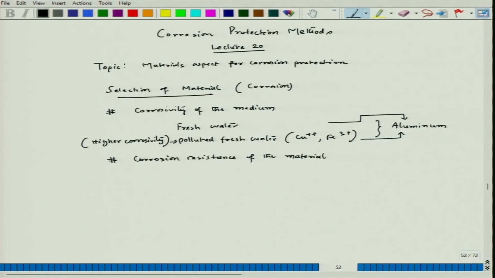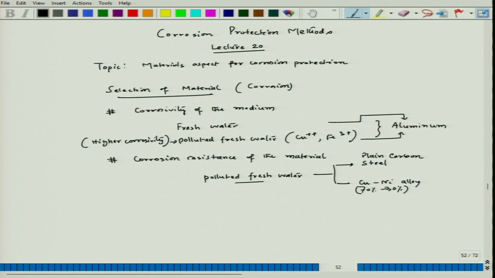Now, if we consider polluted fresh water, the medium is the same, so the corrosivity is fixed, and we see two materials: one is steel or plain carbon steel, another one is copper nickel alloy, which can have 70% copper and 30% nickel, in weight percent.